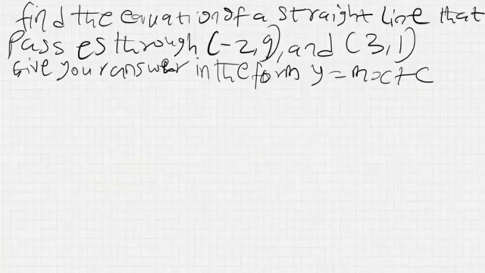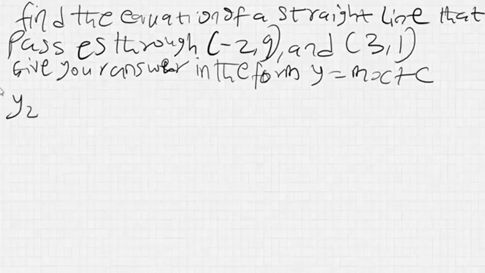Now let's look at this typical problem. It says find the equation of a straight line that passes through these points, and give your answer in the form y equals mx plus c. Let's begin by getting our parameters, which is very important. Our y2 will be 1. These are x, these are y, these are x, these are y.